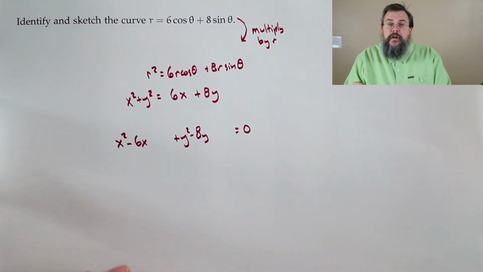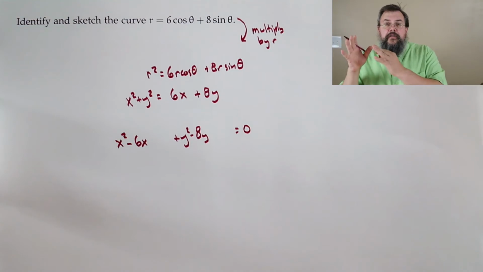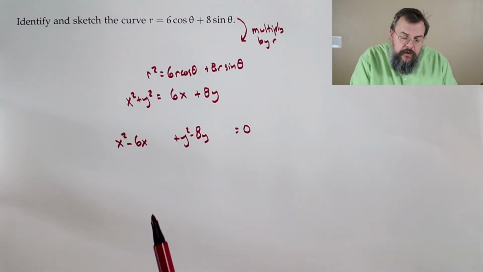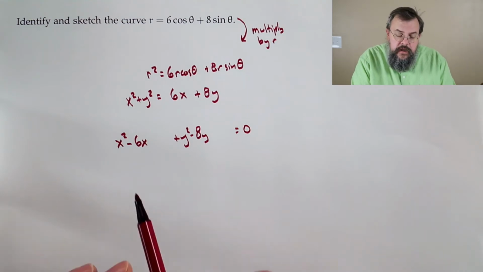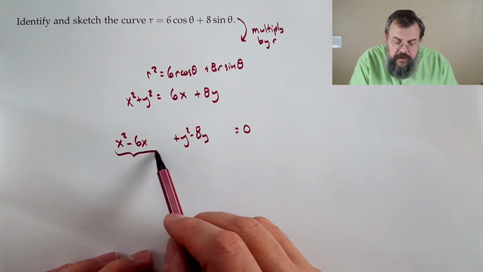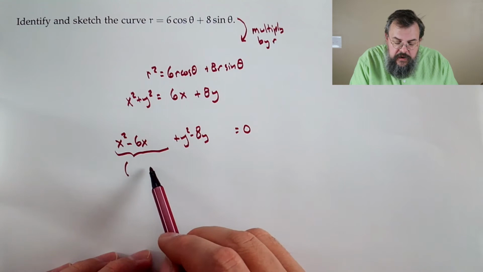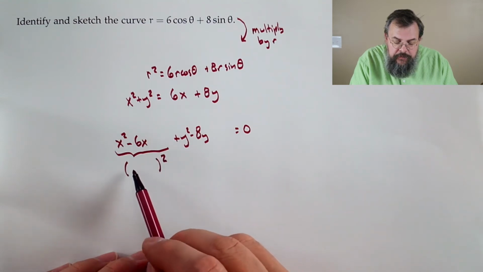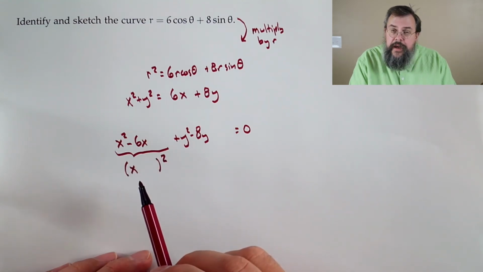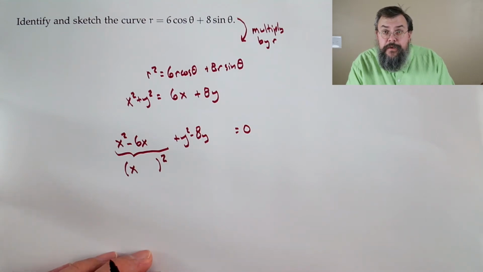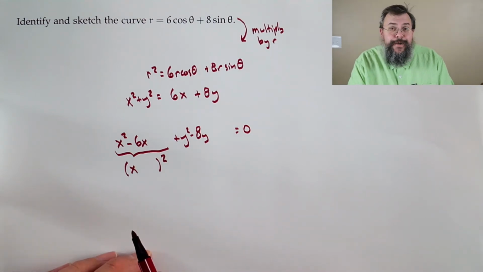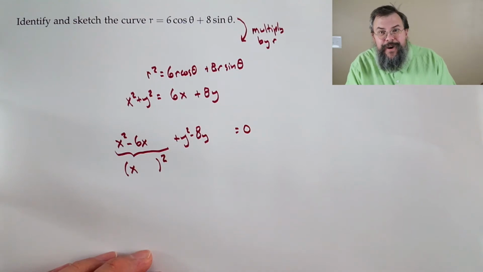So I've just moved the 6x and 8y across. Now, what do we want? Well, we'd really like the first term here to be a nice perfect square, something squared. Right now, it's not that. It feels somewhat incomplete.